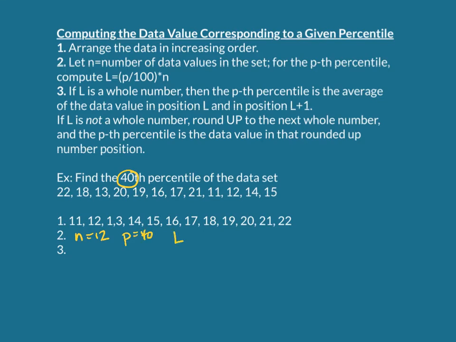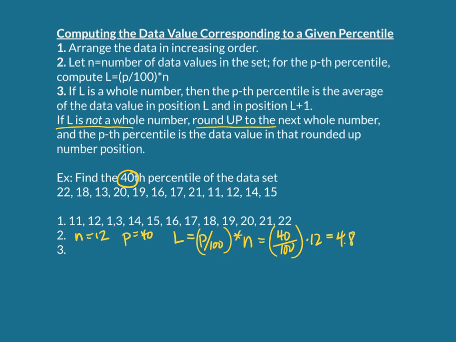Therefore, we're going to calculate L equals P divided by 100 times n. So that's 40 divided by 100 times 12. And if we compute that number, we get 4.8. Now 4.8 is not a whole number. So what do the directions say?